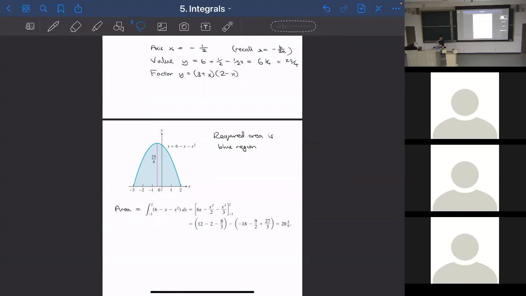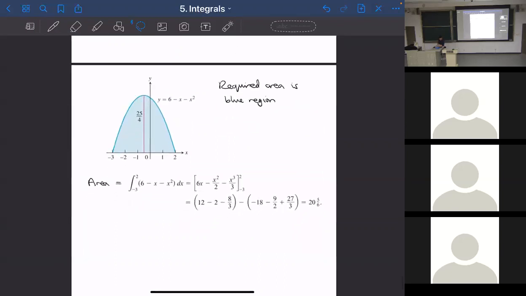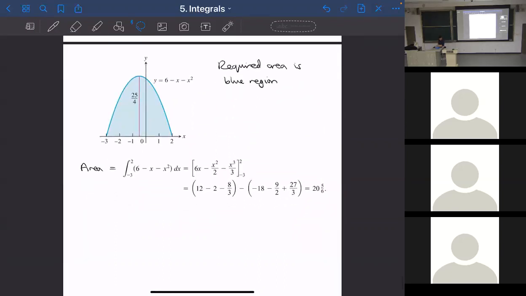So we integrate from -3 to 2 our function. So there's an antiderivative of our function. It's 6x minus x squared over 2 minus x cubed over 3. And we evaluate that with limits -3 and 2.